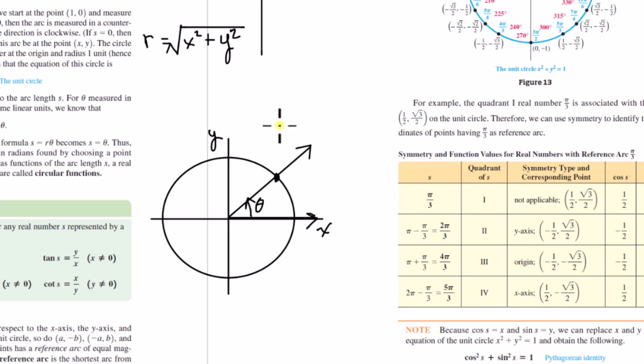But again, I really want to stress that we've made this rule here, so the radius is 1. We made this rule, but this has nothing to do with the actual definition of the trig functions at all. You do not need this circle to define trig functions. We're just adding this rule for the sake of creating this trig function table that you could pull trig function values from easily.